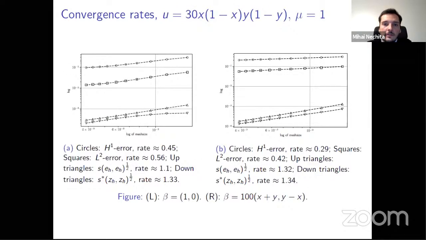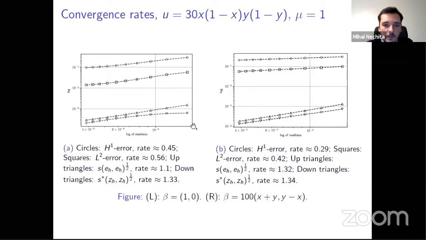So here we have a solution that is quadratic in X, quadratic in Y, with a unit L2 norm on the big domain omega, and we see the convergence plots in the H1 norm, in the L2 norm, and in stabilizing norms, and they match the theoretical ones. So the convergence order is in between 0 and 1.